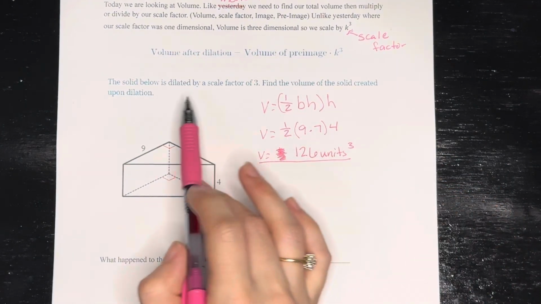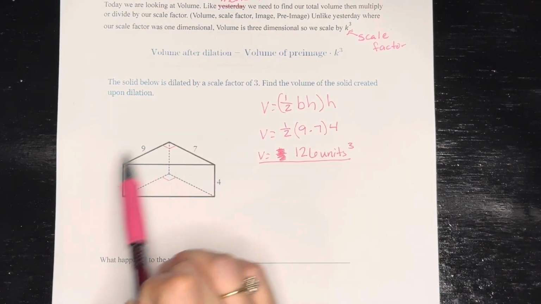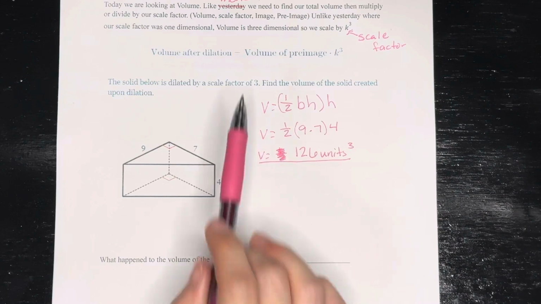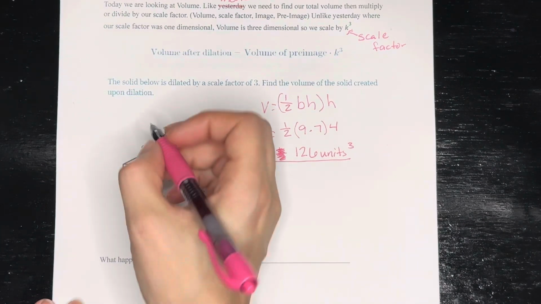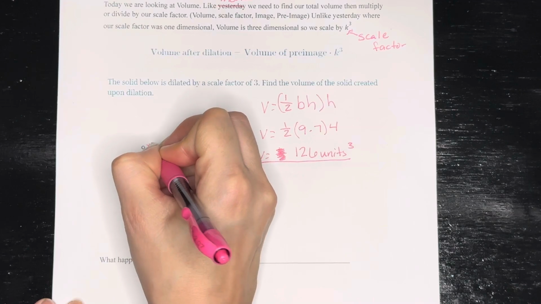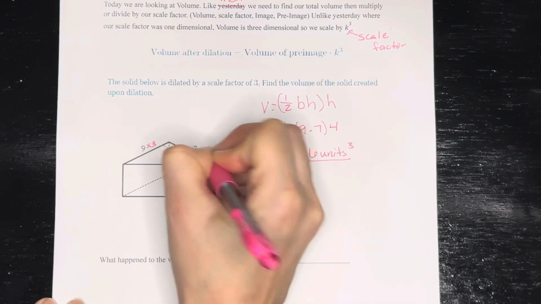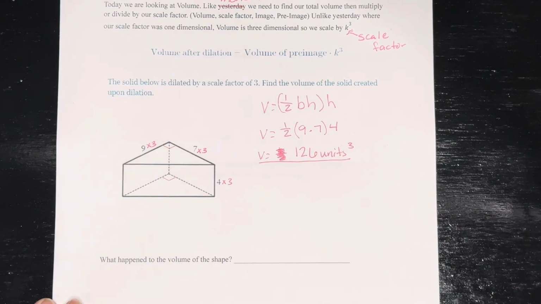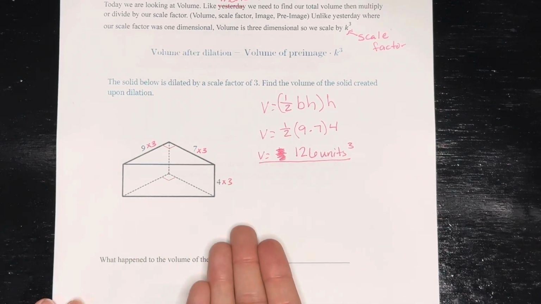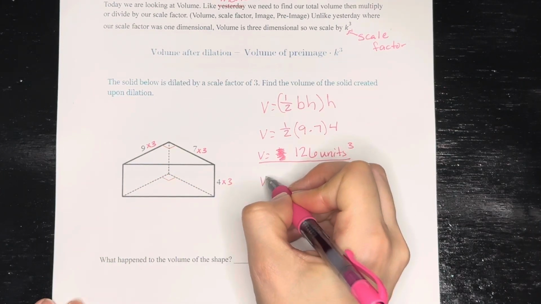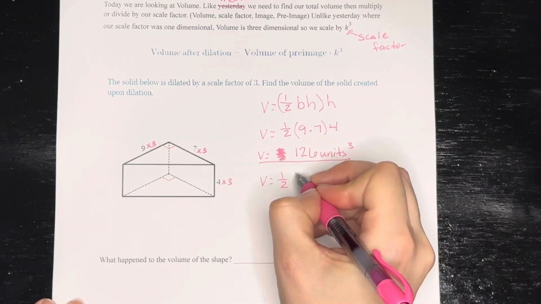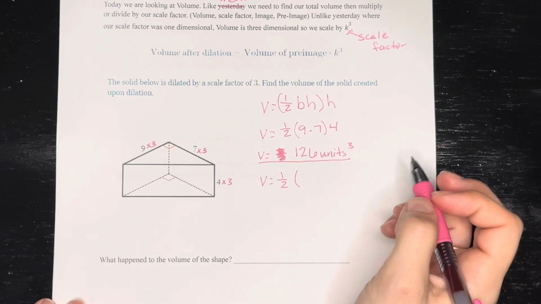Okay, now it says we are going to dilate our image by 3. So if I multiplied all of my sides by 3, okay, all 3 sides are being dilated. Therefore, now my new image would be 3 times bigger than this, right? So my new base is going to be what? What's 9 times 3?